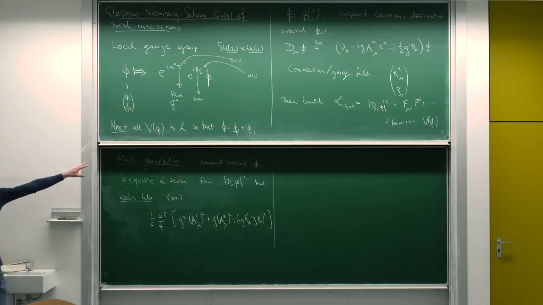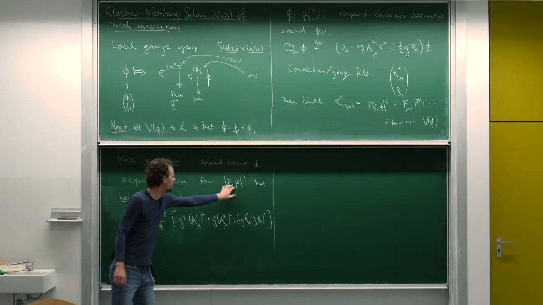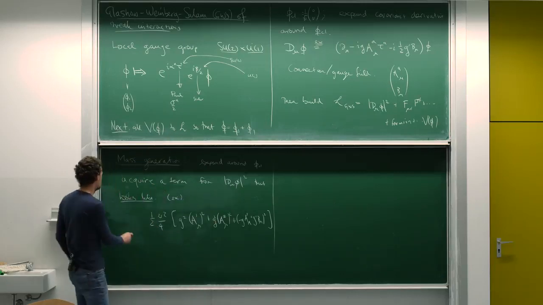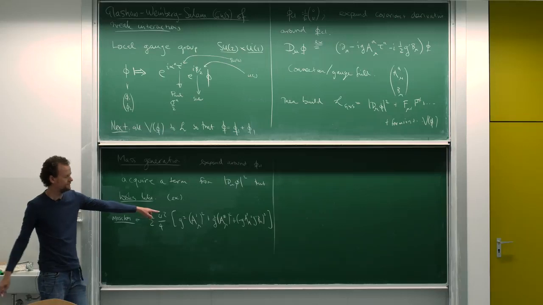So after all the dust settles, after doing the expansion around this classical minima of this covariant derivative kinetic energy term here, we end up with a term that looks like this.